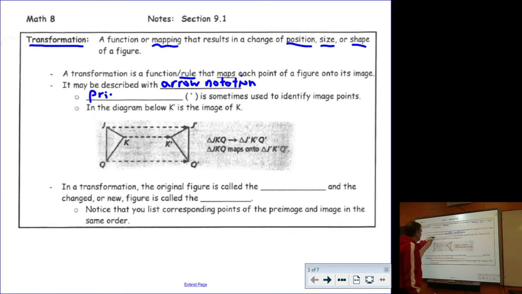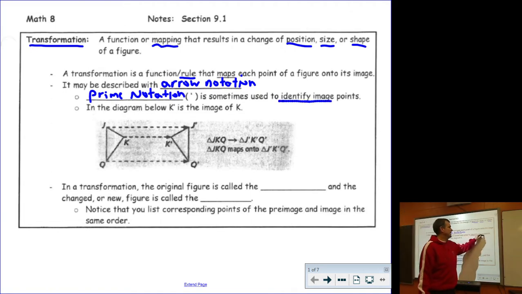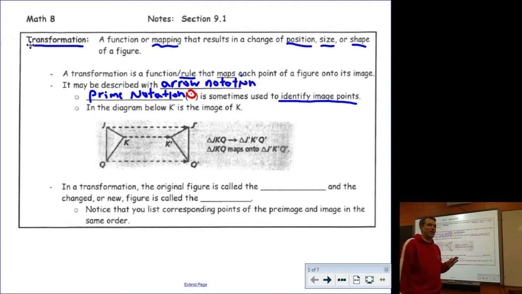We have another kind called prime notation that is sometimes used to identify image points. And this little mark right here, that is what is known as prime notation. And that little mark is read, prime.